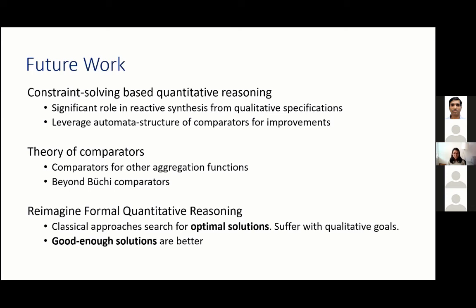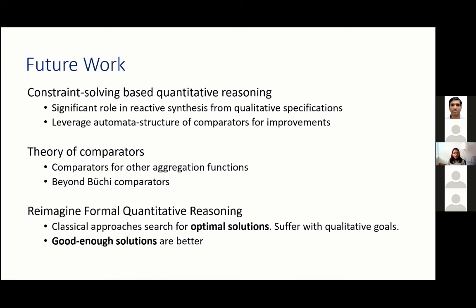In terms of theoretical future work, I defined comparators in this work with respect to the discounted sum aggregation function. But in general, one can define a comparator for any aggregation function, right? One could define it for limit average, lim sup, lim inf, and so on.